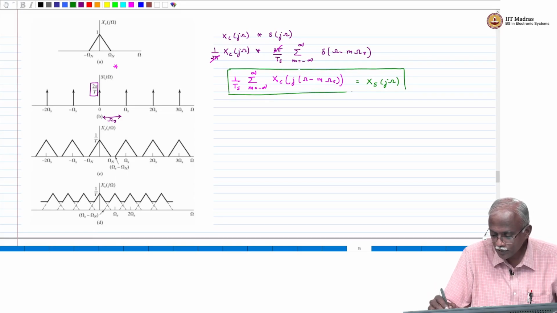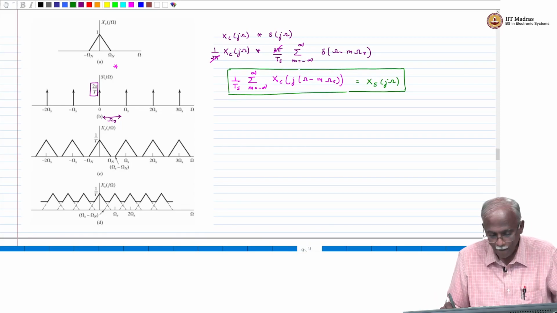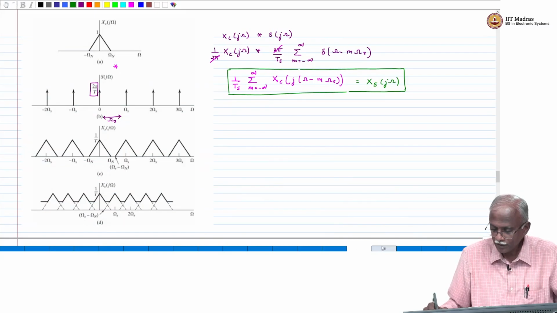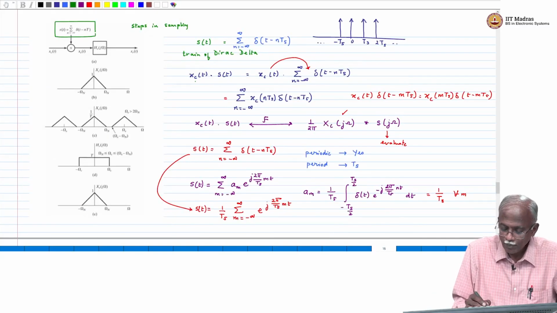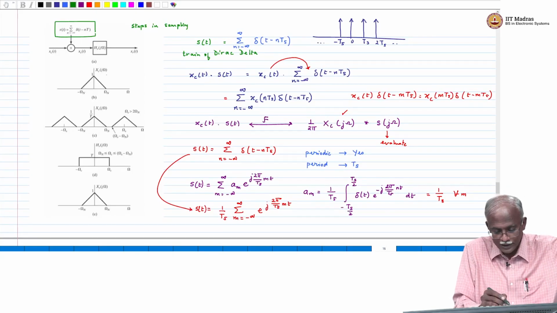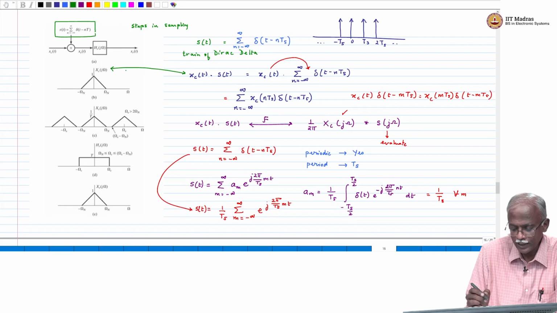What we said was we are multiplying the two signals. Okay, we are multiplying xc of t and s of t. Xc has got a Fourier transform which is xc of j omega. So basically this is the representation, this is the signal and its Fourier transform.